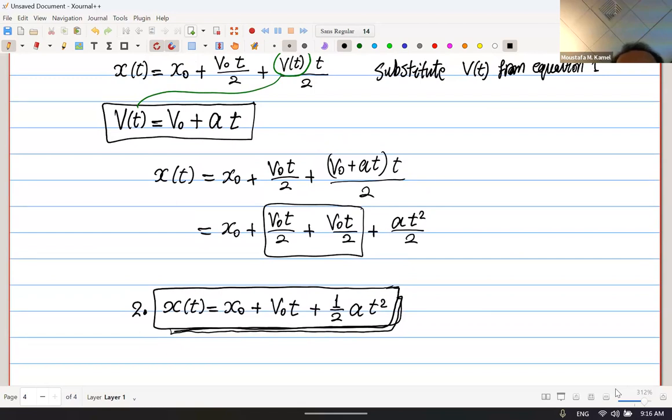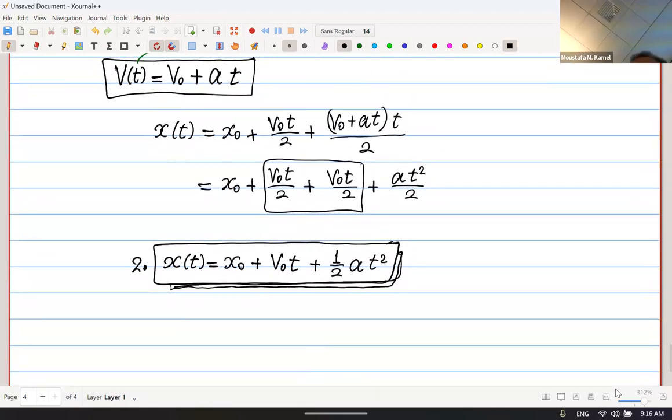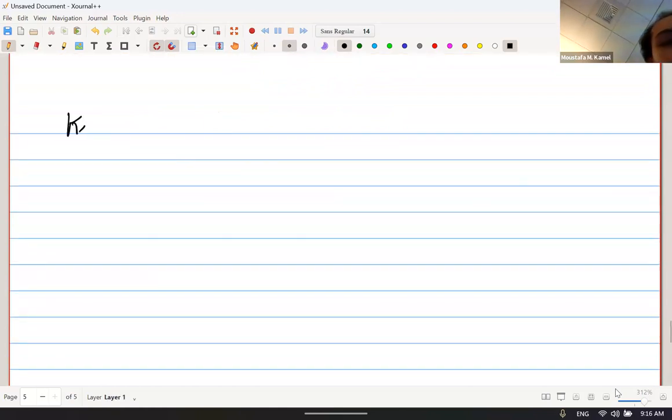We can derive that. Actually, let me derive that to you next time. But for now, let's write it down. So I will write down all equations on top of each other, just to have them with you when you're doing the activity. So kinematic equations, 1D kinematic equations.